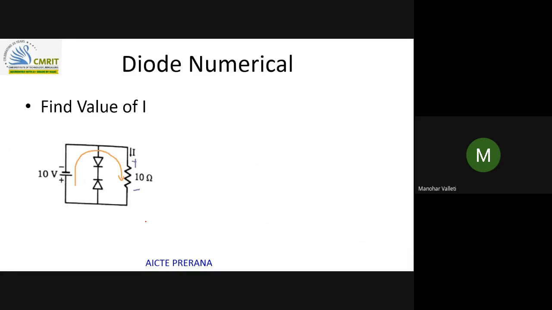So now in this problem, find the value of I. Please note, when you're solving the problems, as we saw from the definition, the diode is forward biased if the anode is connected to the positive terminal and the cathode is connected to the negative terminal of the battery.